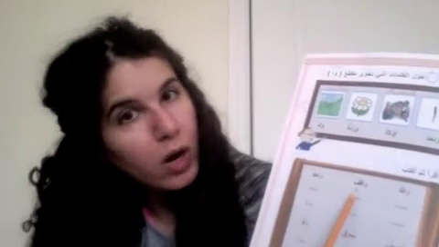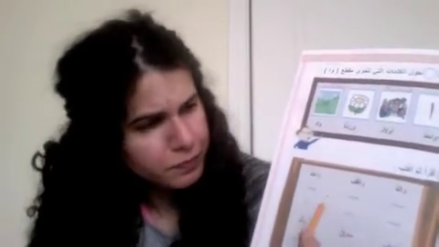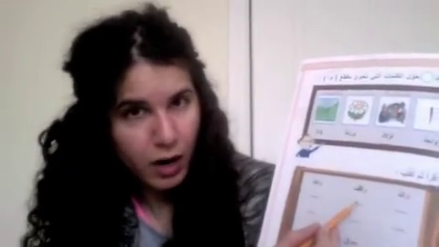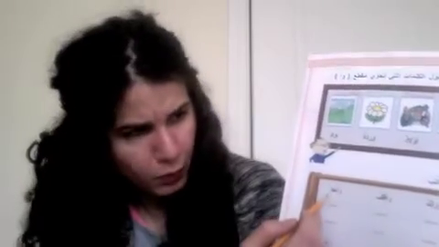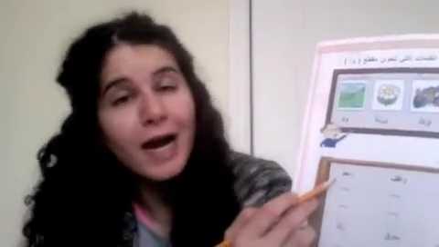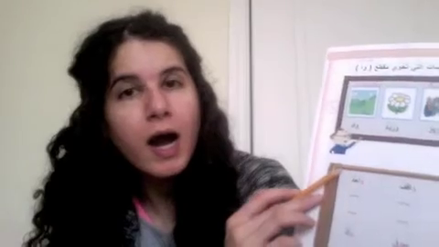Waqifun. That's the waw and the alif. You can write the waw and the alif because you know the alif. So it'd be wa. Waqifun means standing. Wahidun means one.